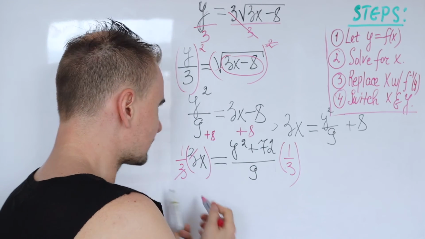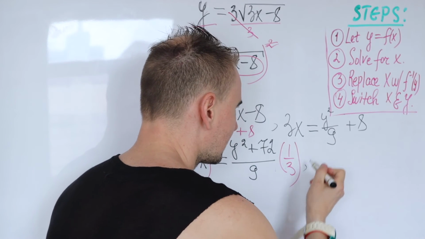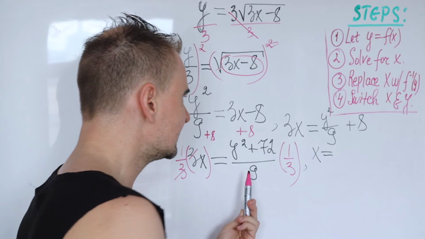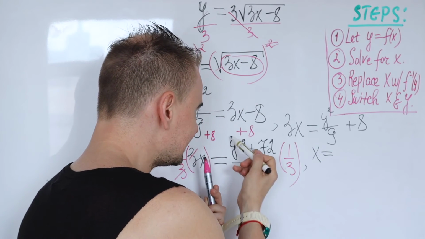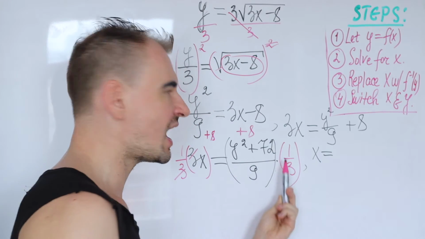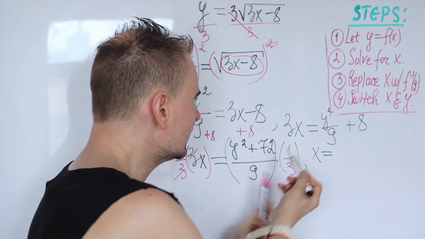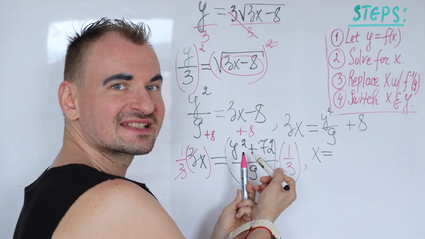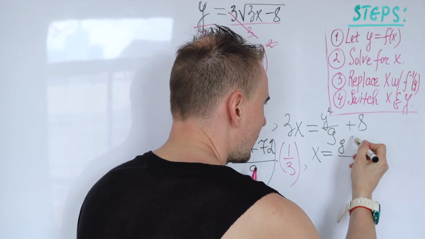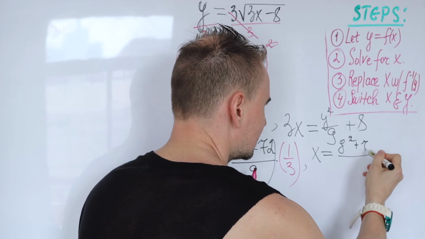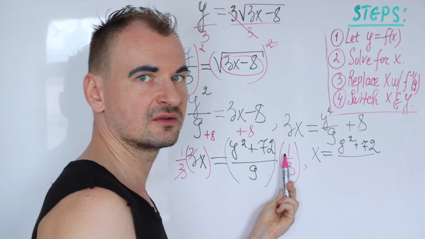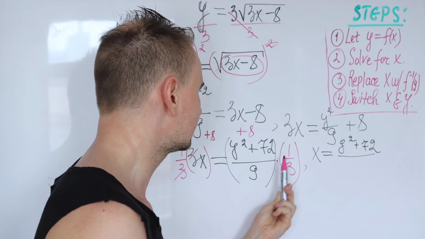So 3 and 3 go away, and you would be left with just x on the left side. Since this entire fraction, you can draw parentheses, gets multiplied by 1 over 3, you multiply tops straight across, and you would be left with y squared plus 72, since here you have 1, so 1 will not affect.